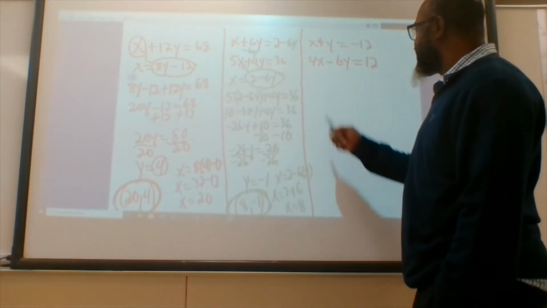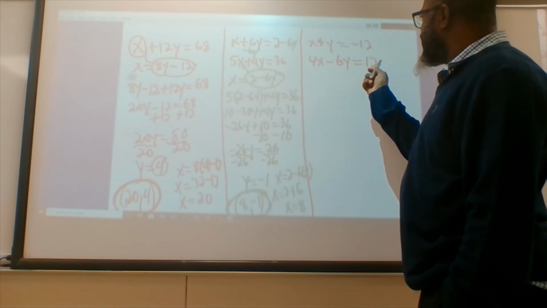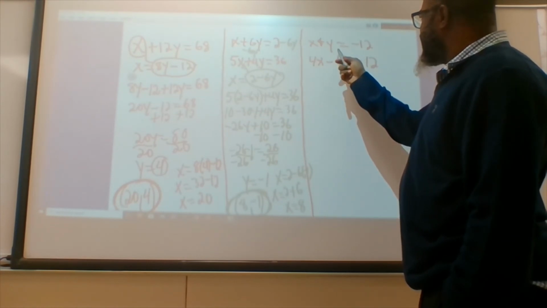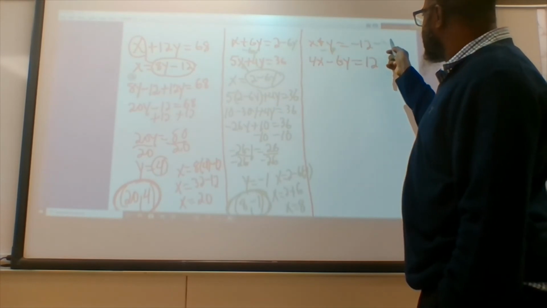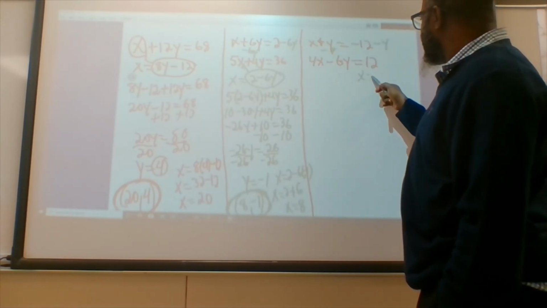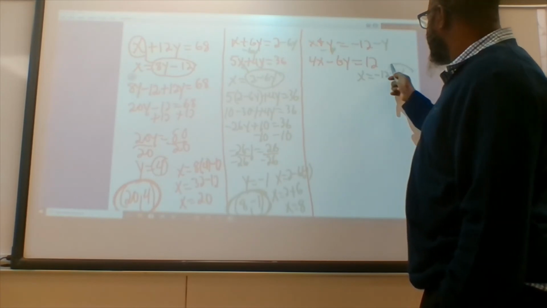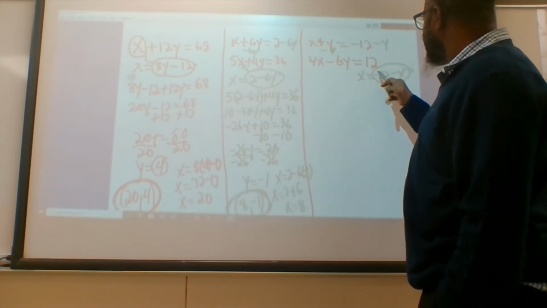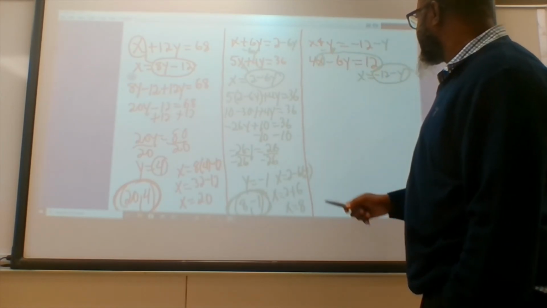So same thing here. They have not solved for any variable. In this case, I can solve for x, subtract y on this side. Then I will have x equal minus 12 minus y. Then I'm going to take that expression, come replace it here for x in the equation that was left untouched.